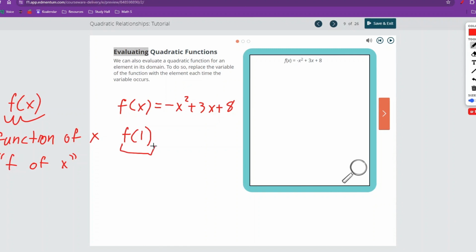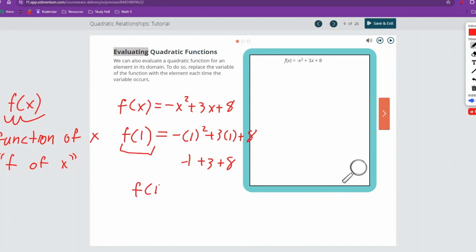And what this notation means is that whatever your function of x was, for every x value that was in this equation, you now replace it with a 1. So this becomes negative 1 squared plus 3 plus 8, or excuse me, we're no longer dealing with x. We're plugging in 1. So of course that would be negative 1 plus 3 plus 8.